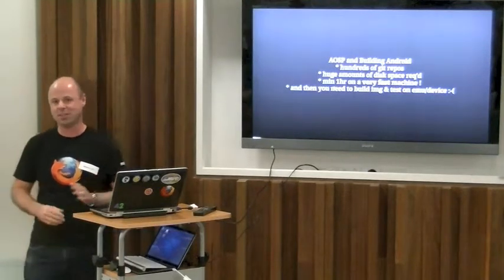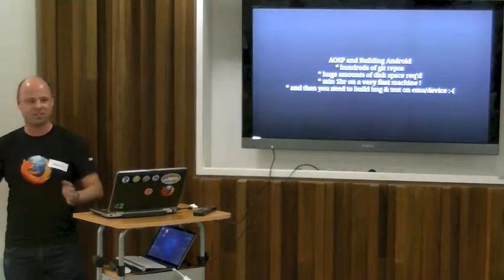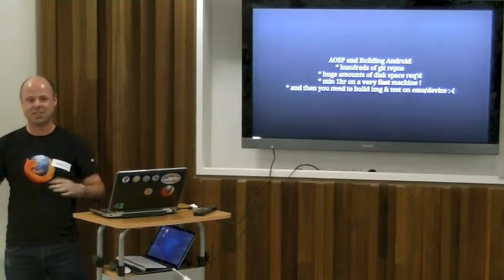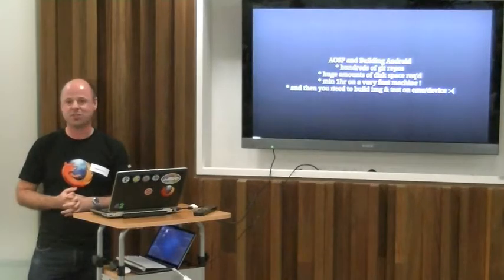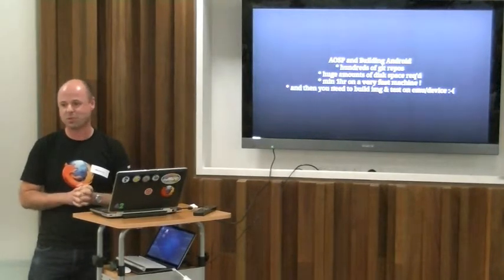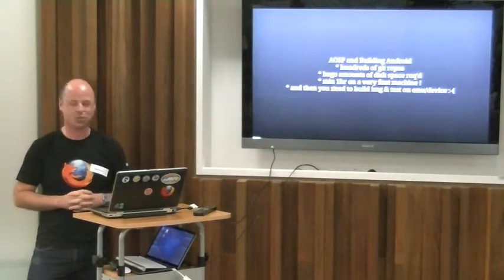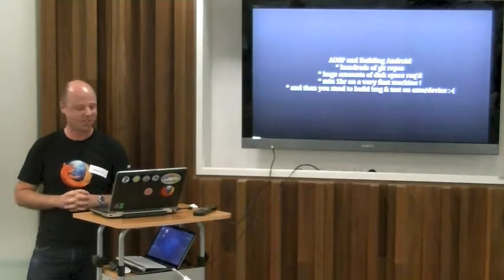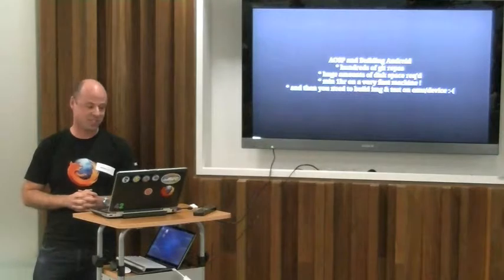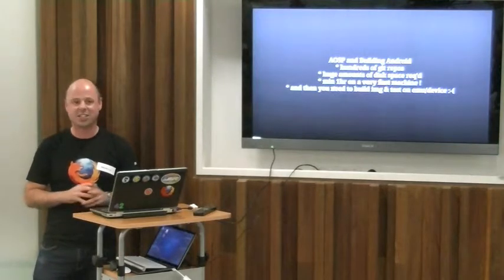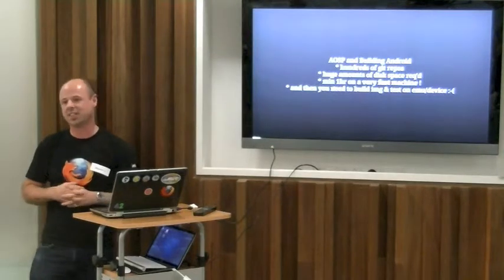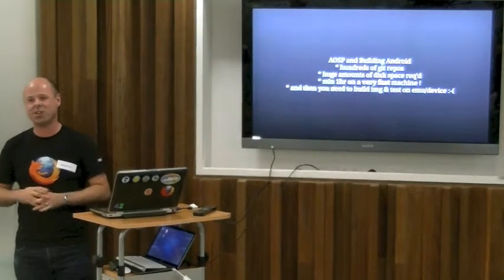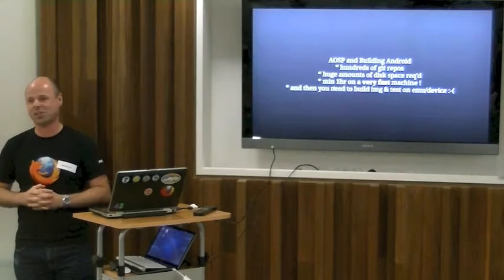It happens to be Android, but it's the equivalent of Mac OS X, iOS, Windows. So we're talking hundreds of Git repos, that's Git source code repositories, and I do mean hundreds, I think 230 odd or something. I can get the exact count. So you need huge amounts of disk space, and to actually run the whole build, we're talking at least 1 hour, at least from a cold start, on an i7 quad-core type machine.